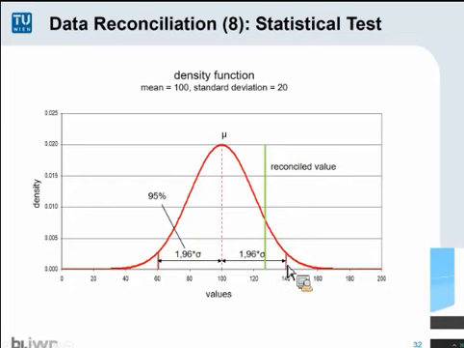If this value is lying into this region that I mentioned before, approximately 2 times the standard deviation, this 95% confidence interval, STAN will tell you that this reconciled data is more or less okay. It's plausible. But whenever you get a value that is lying outside of this interval, you will get the message that inside of your model there is a problem with data. So you have to recheck the data and try to find out where the problem is situated.